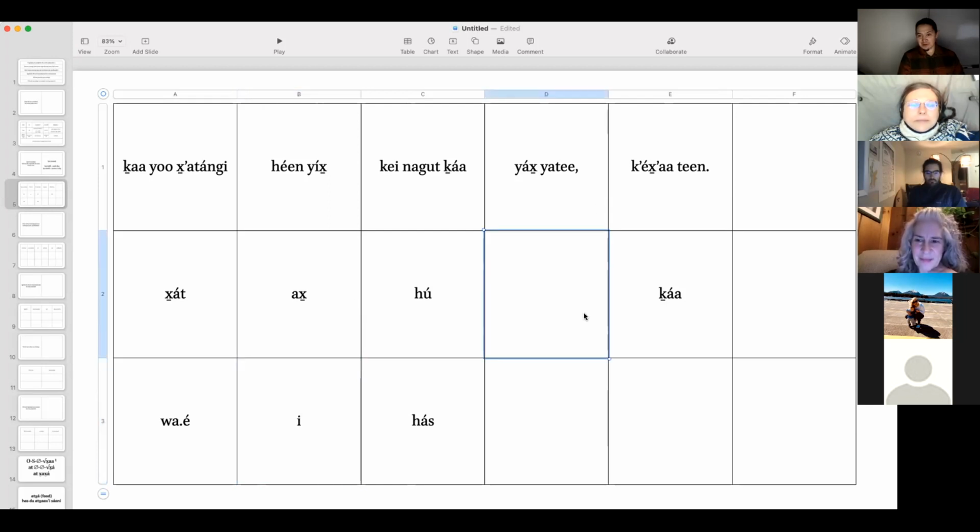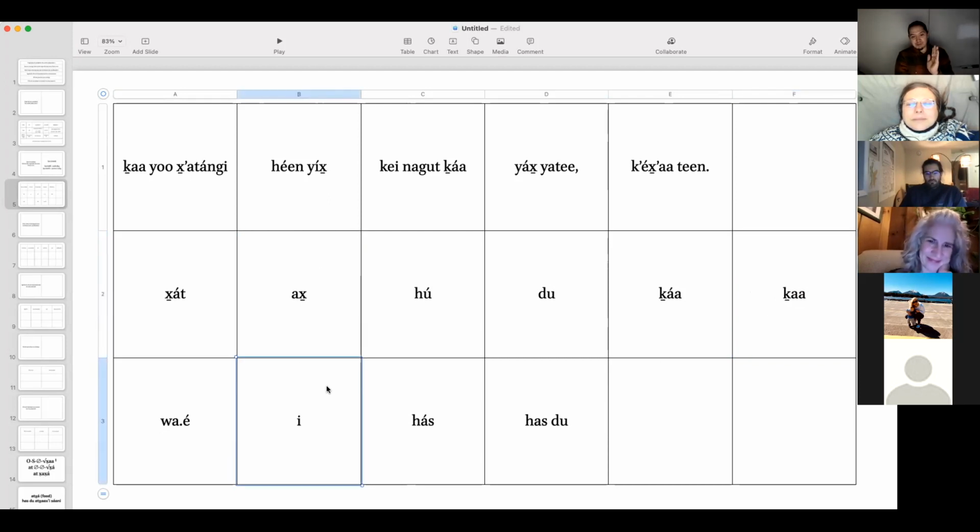Eh. What's the possessive form of hu? Du. What's the possessive form of has? Hasdu. And what's the possessive form of ka? Ka, with the low tone.